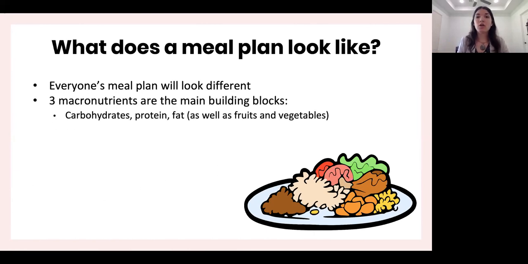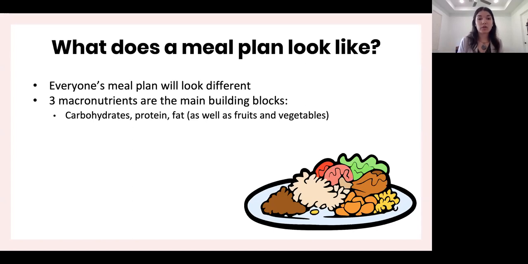It's based on the 3 macronutrients, and what I mean by macronutrients, these are the main building blocks. We have carbohydrates, protein, and fat, and then we also have fruits and vegetables. But those 3 are the main building blocks, and we need carbohydrates for energy. That's the main energy source that our body uses.